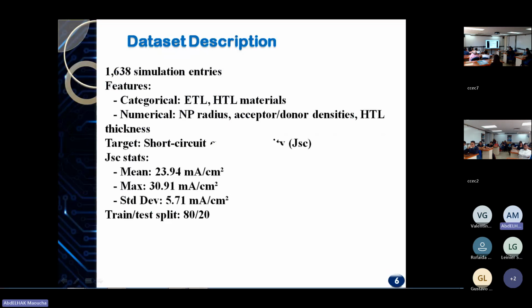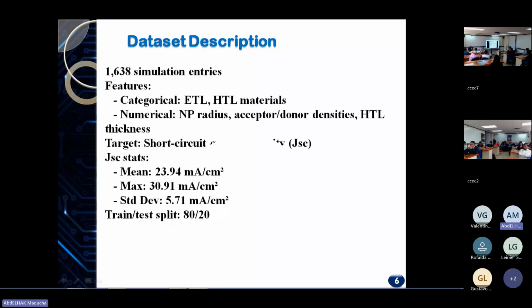The results show a clear improvement in short circuit current. Without nanoparticles, JSC was as low as 5.41 milliampere per centimeter squared. With optimization, especially with titanium dioxide as ETL and properly sized nanoparticles, JSC increased to 30.91 milliampere per centimeter squared.